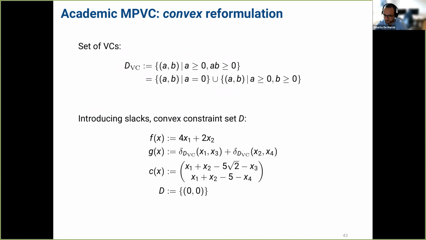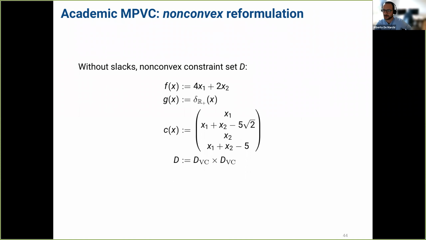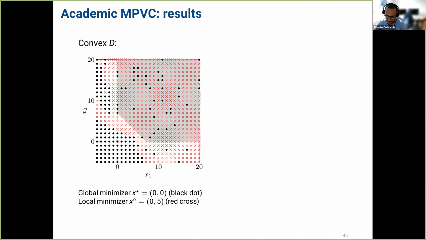A different formulation that we can use in this setting is using directly the set D for our vanishing constraints, and we use G just for the non-negativity constraints. And what we get is using our algorithm, using the two different formulations here.